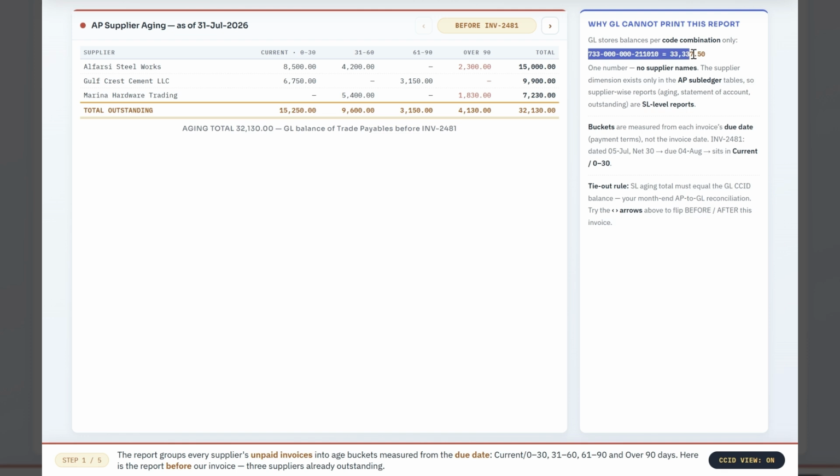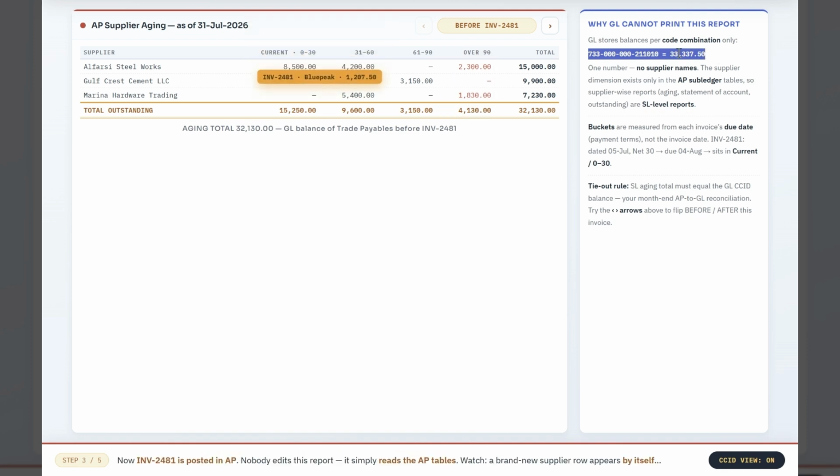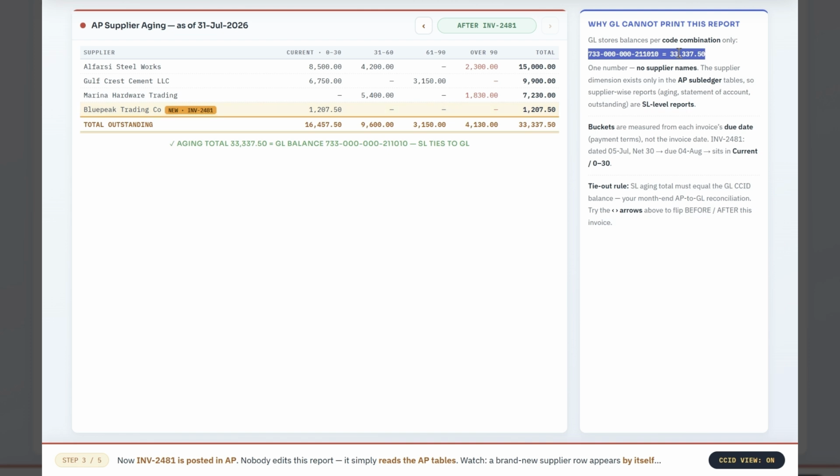Now, our invoice gets posted in AP. And here is the beauty: nobody edits this report, it simply reads the AP tables. Watch, a brand new supplier row appears by itself. Blue Peak Trading lands in the current bucket, invoice dated 5th July, net 30, due 4th August, not yet due.